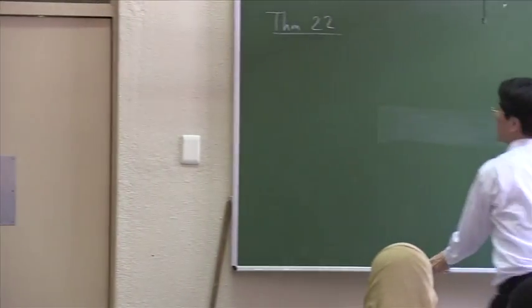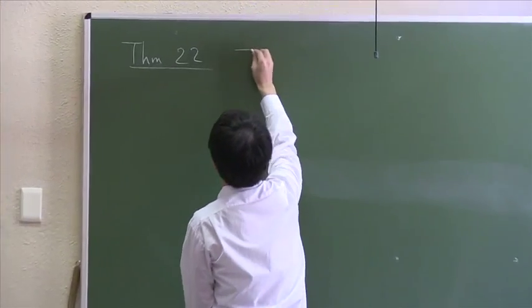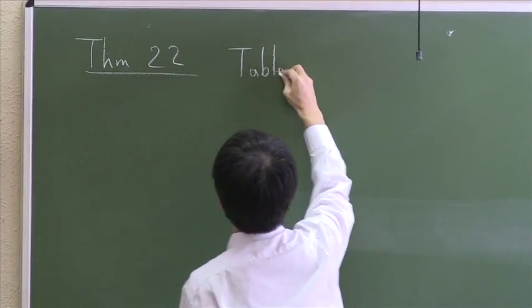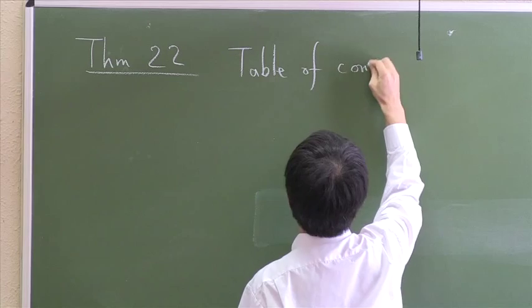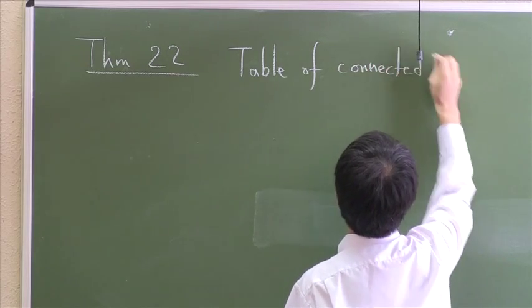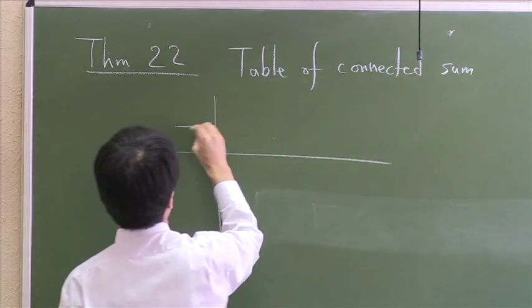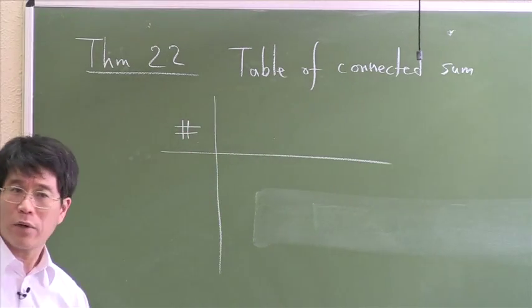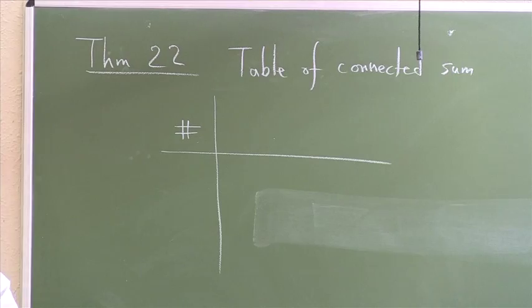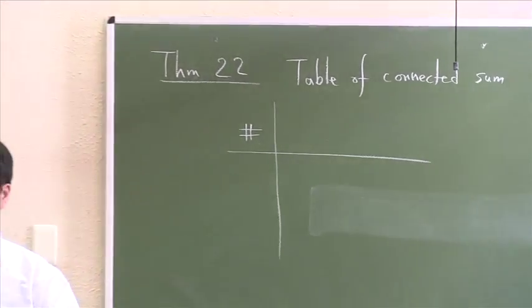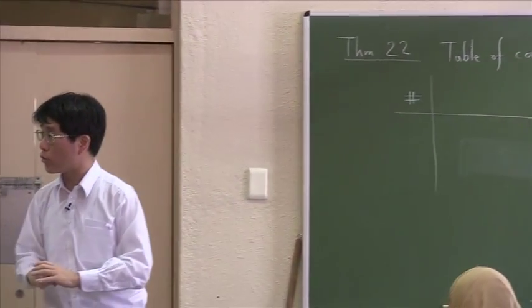Well, let's have a table of connected sum. It's like the table of addition. Here it goes. Well, what can you add? All you can add ever, according to the classification theorem, is either sigma or nu.